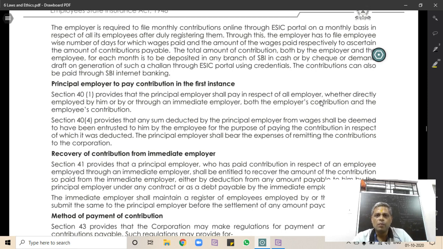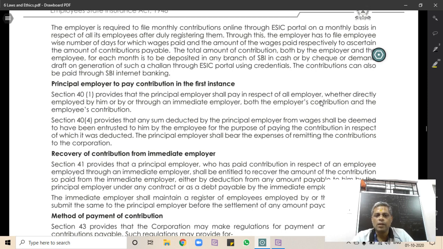So the principal employer shall, on behalf of the immediate employer, deduct and also pay from the wages of the employee, and the employer's contribution also has to be paid by the principal employer.